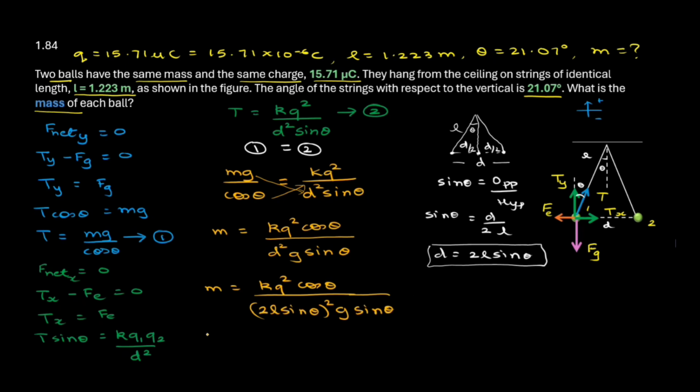Now let's substitute everything to find mass m. K is the Coulomb constant, which is 9 times 10 to the power 9. Q is 15.71 microcoulomb squared.